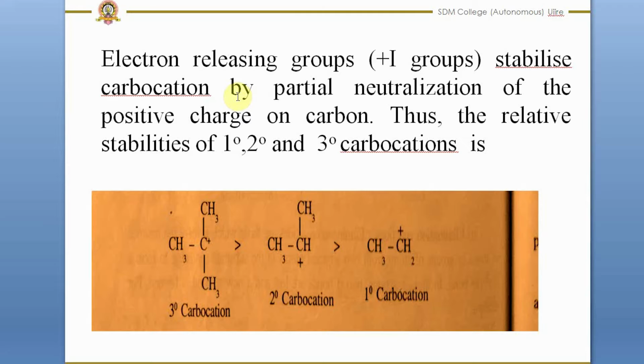The secondary carbocation is more stable than the primary because it consists of 2 alkyl groups, which increase the electron density on the carbon atom. The primary carbocation is less stable when compared to secondary and tertiary carbocation.